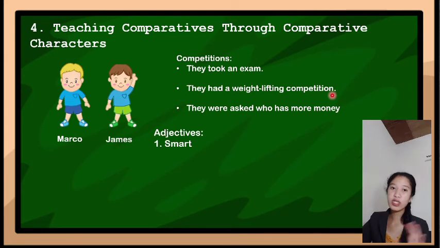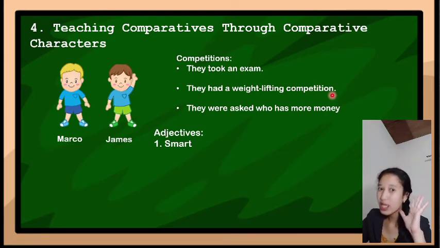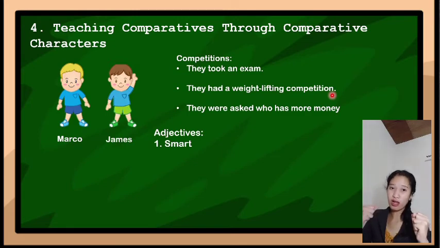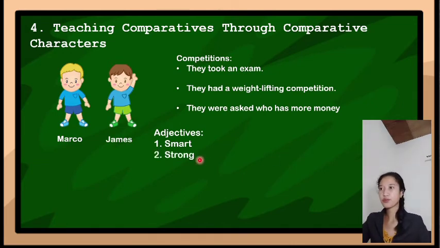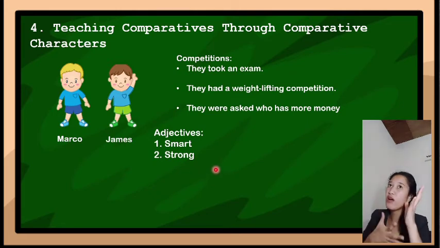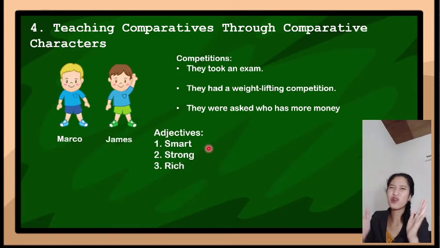Weightlifting, from the word, it's weight. So you need to be strong in order to lift anything, right? So the adjective here is strong. And the last one is they were asked who has more money. Who has a lot of money? If you have a lot of money, you are rich. That's right. The adjective here is rich.